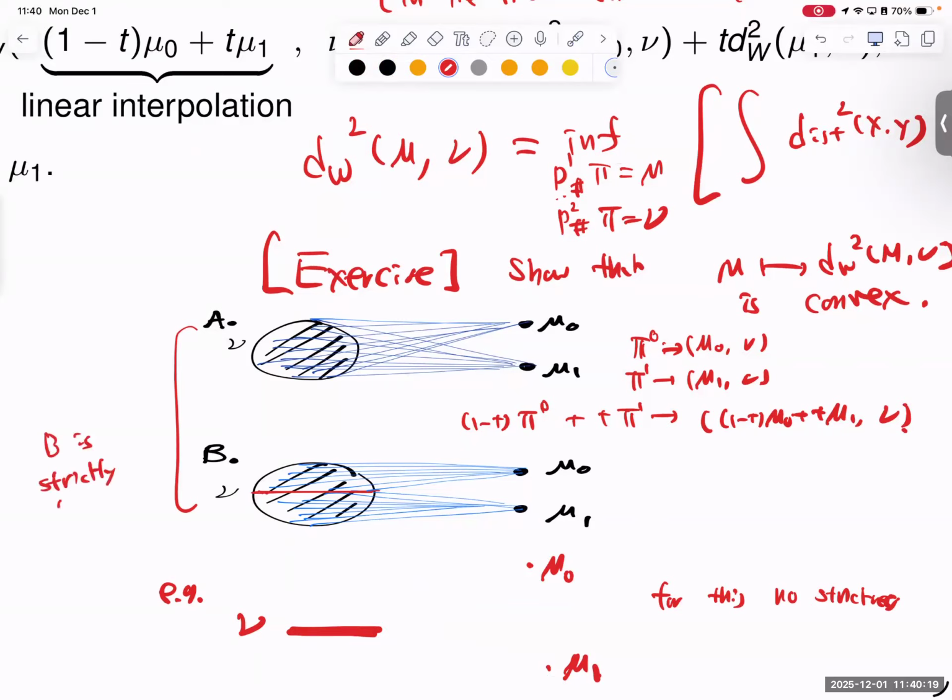Is strictly better than A. So that's why a singular measure may not have such strictness, but it still has the convexity.